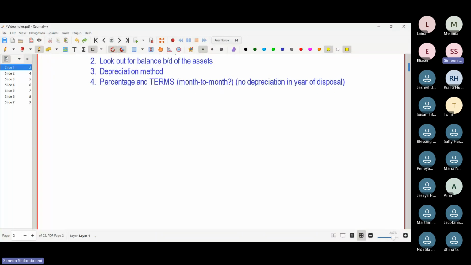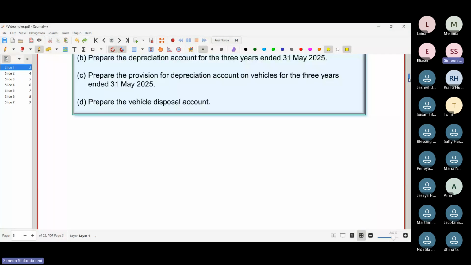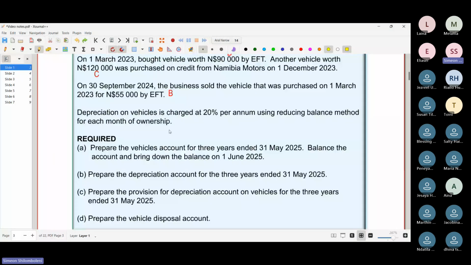The next thing is the method. Let us look at what the method is saying, because the method is very important. Depreciation is charged at 20% per annum using reducing balance method.